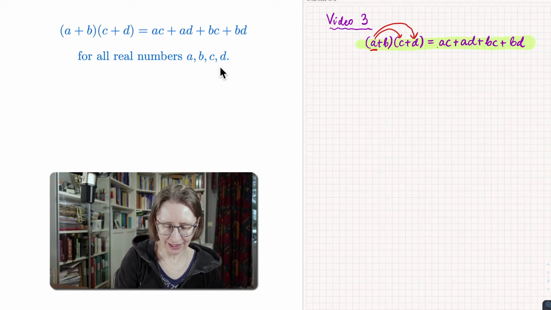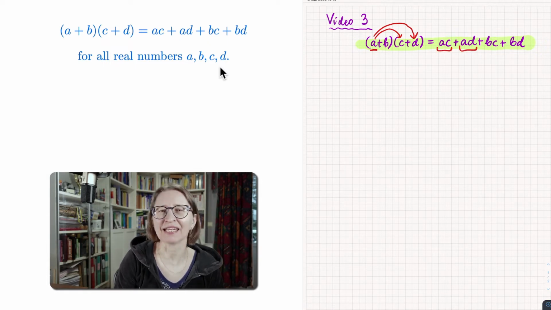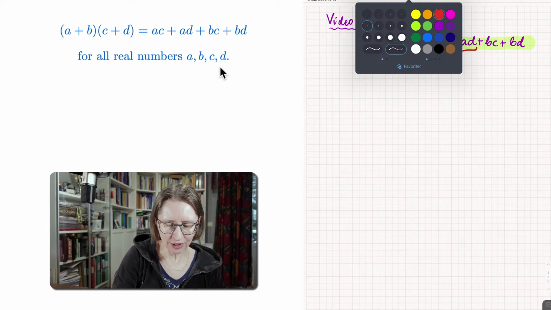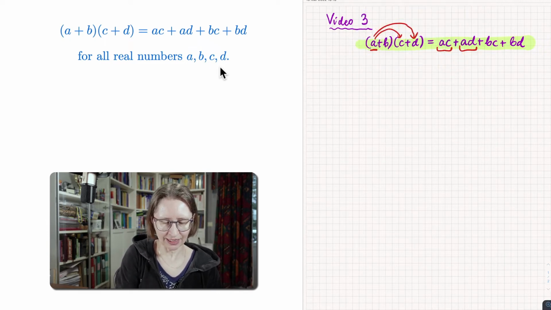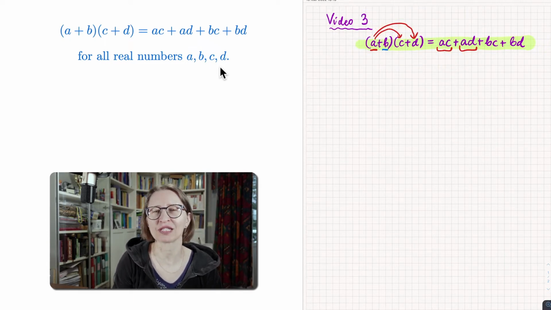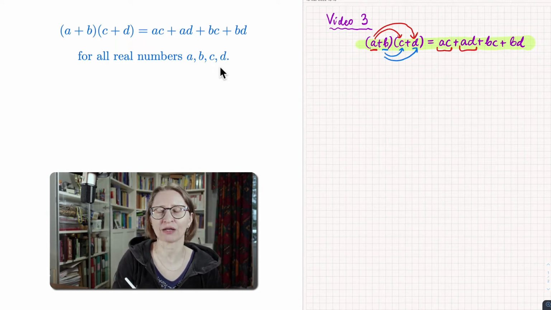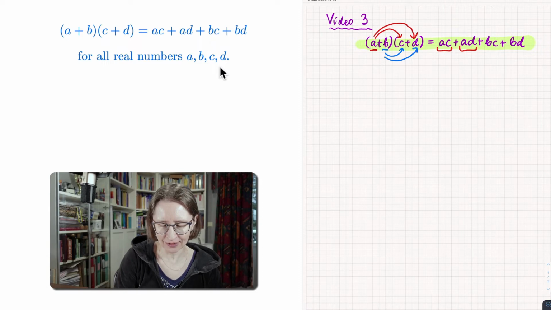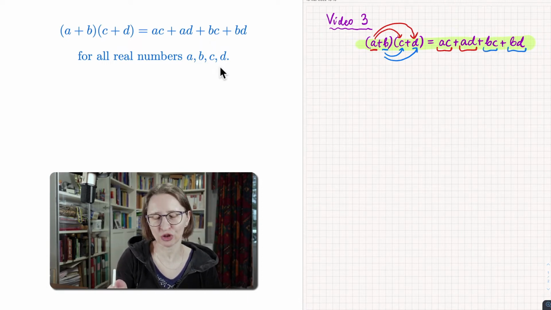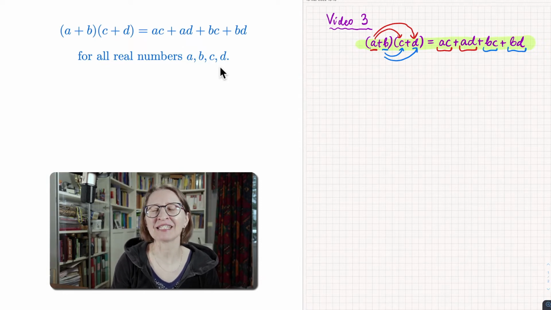And this gives us AC plus AD. And then we do the same with the second element from the first sum. We multiply it with both elements from the second parenthesis, and this gives us BC and BD. So you see, this is how it works. And now you will see why it works.